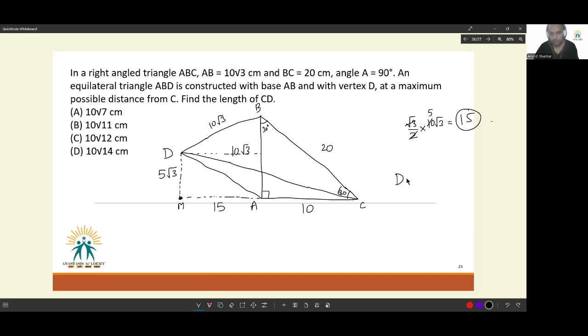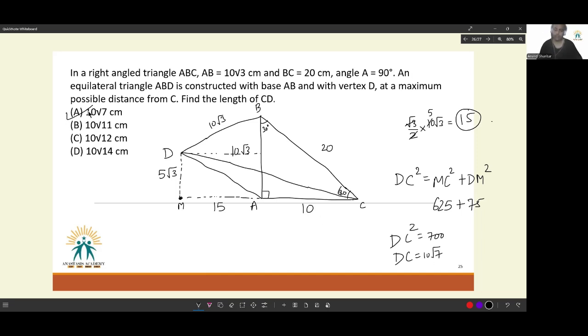So DC square should be equal to MC square plus DM square. MC square is 625. DM square is 75. So DC square is equal to 700, or DC is equal to 10 root 7.